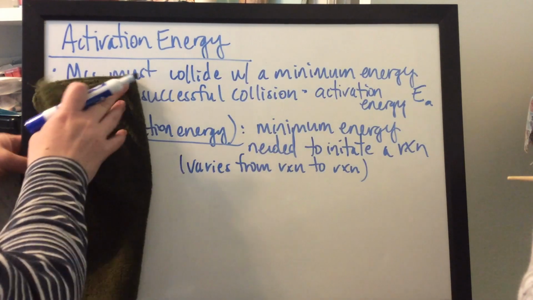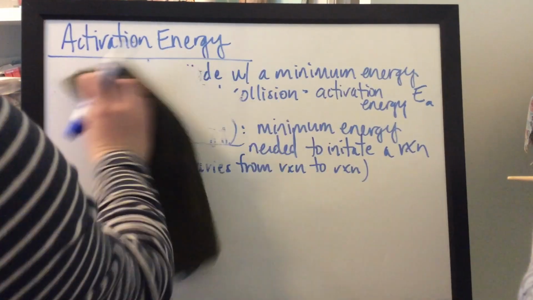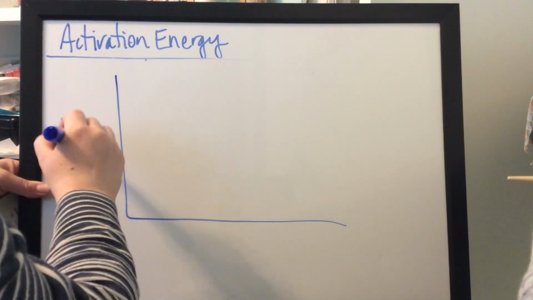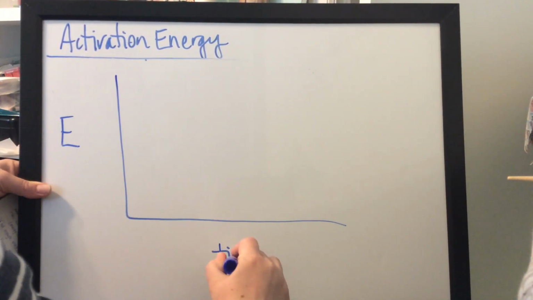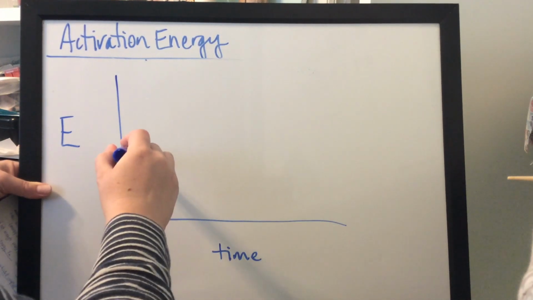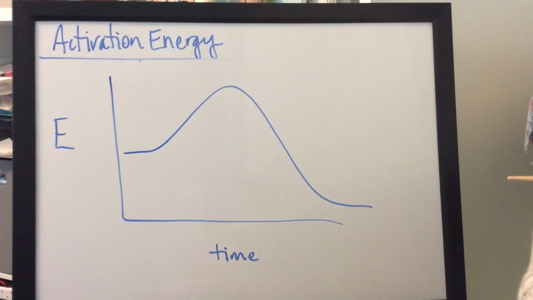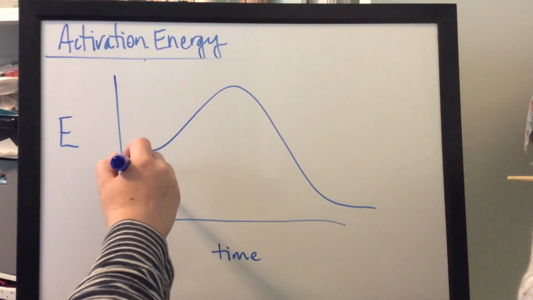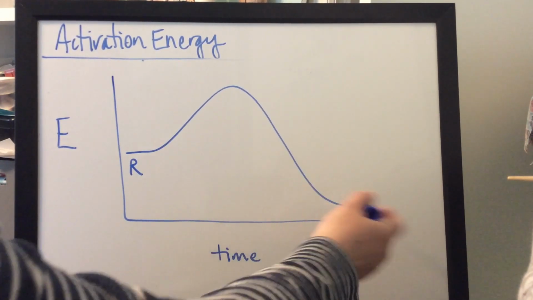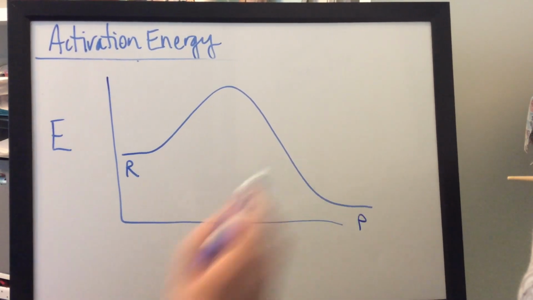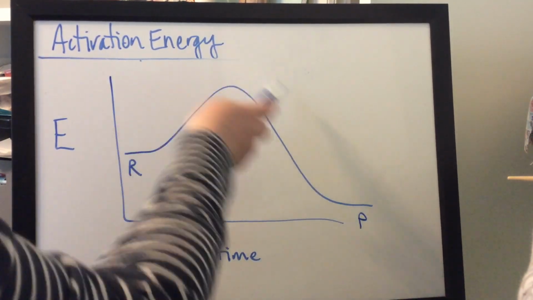Most of the time, we see it represented in graphical form, and that's what you're used to seeing, which is like an energy profile. And this would be time. And maybe we have a reaction that looks like this. Where, at time 0, these are my reactants. At time something other than 0, as time has progressed, these would be my products, and the reaction is moving like this.